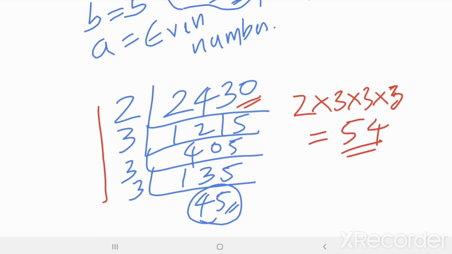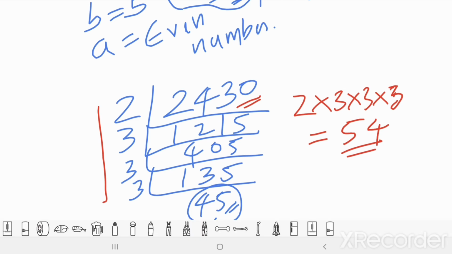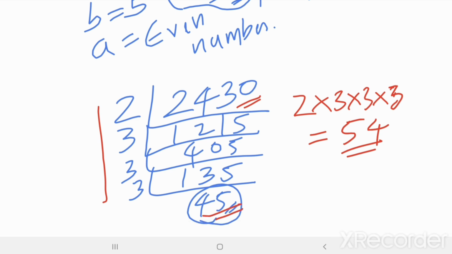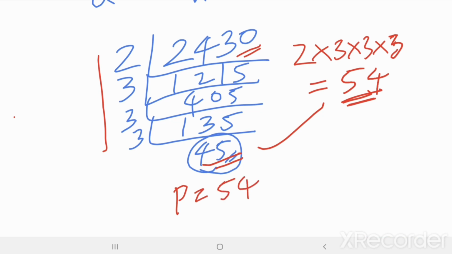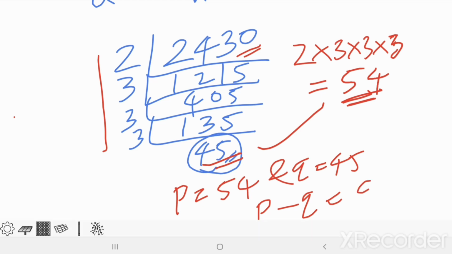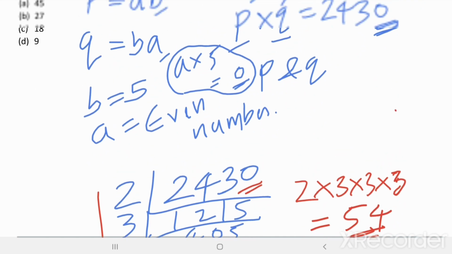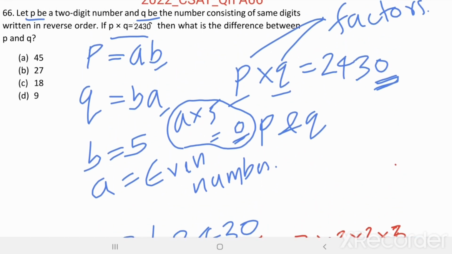This is another factor. Reversing the digits of 45, we get 54. Therefore these are the two numbers we are looking for. P equals 54 and Q equals 45. Difference between P and Q equals P minus Q equals 54 minus 45, we get 9. Therefore the required answer for the question, the difference between P and Q, equals 9. Option D is the answer.